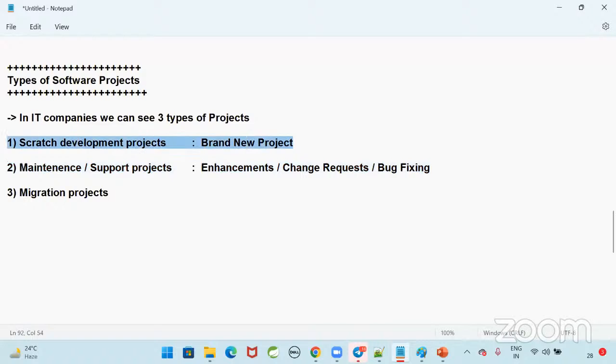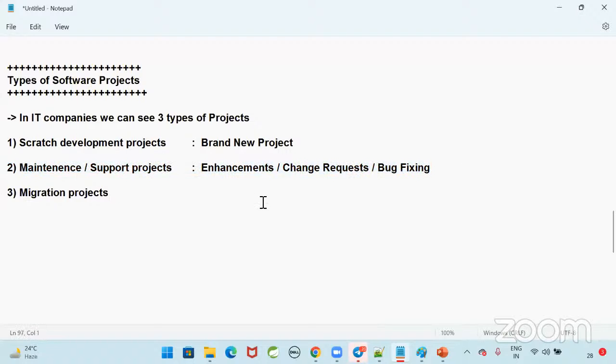Scratch development projects are fewer. So many projects are already developed in the market, so many people are working on support projects. Depending on the client requirement, we may add enhancements, change existing functionality, or fix bugs that come up in the project. So maintenance projects are more common in IT companies.